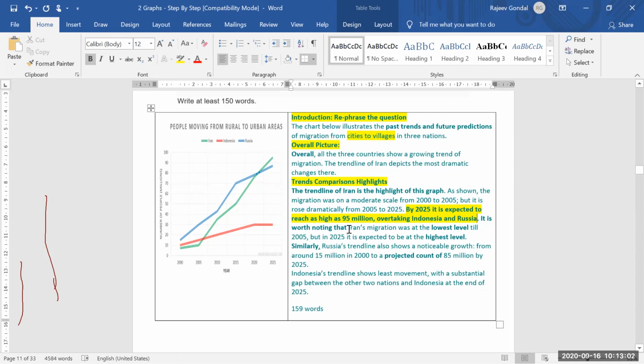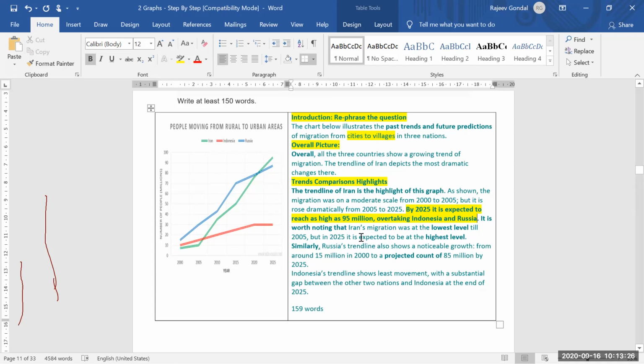It is worth noting that Iran's migration was at the lowest level till 2005, but in 2025 it is expected to be at the highest level.